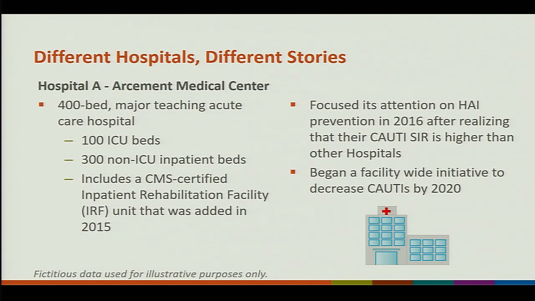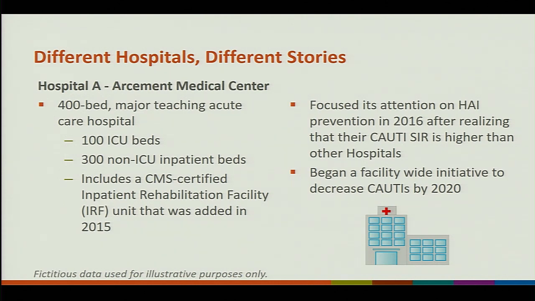All right. So you guys represent a variety of different hospitals, and there are situations where we're going to be able to compare those hospitals, and that's what we get at with our SIRs.